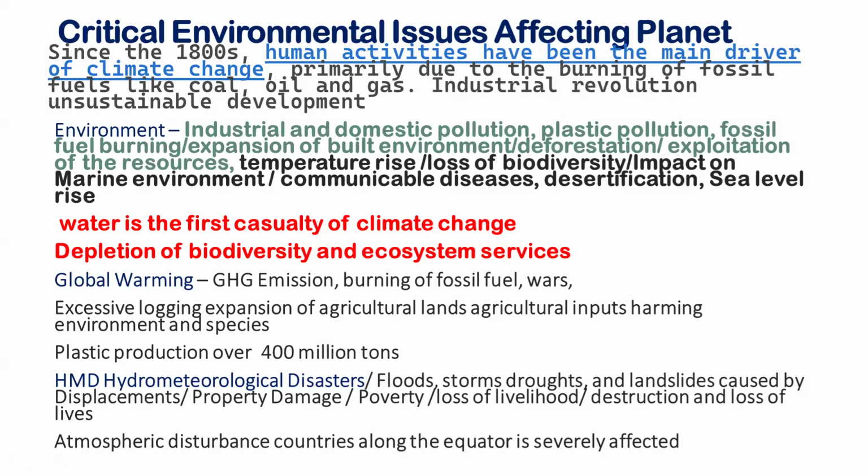Then there is a term called hydrometeorological disasters, that is aggravated by climate change and global warming. Hydrometeorological disasters include floods, storms, droughts, landslides, displacement, property damage, poverty, loss of livelihood, destruction, and loss of lives.